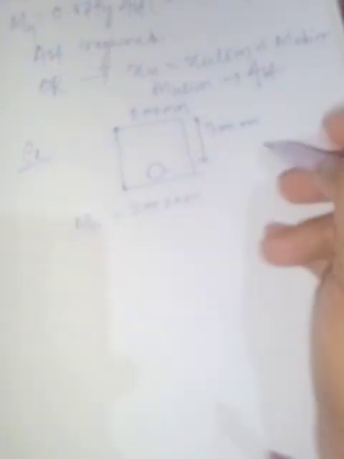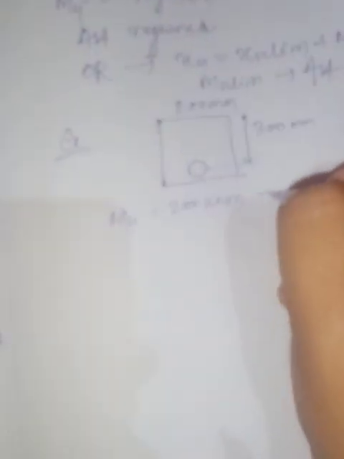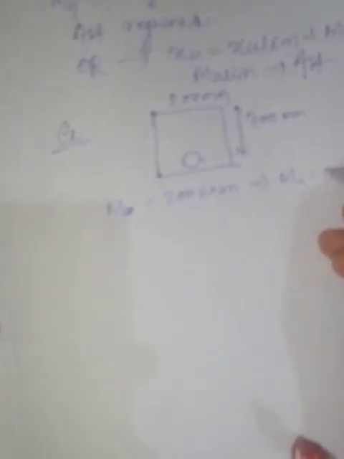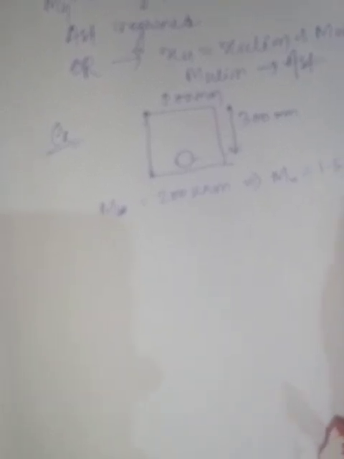Mu equal to 200 kilonewton meter. Then here we will find out, suppose M is 200, then Mu equal to partial factor of safety into the given moment, which is equal to 300 kilonewton meter.